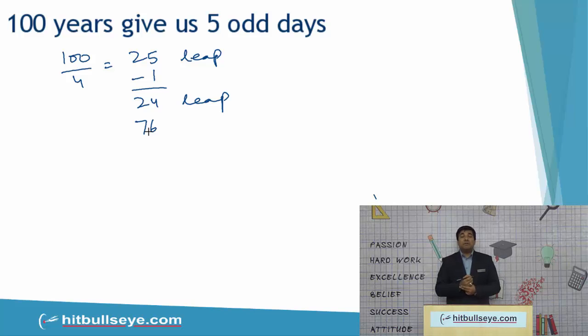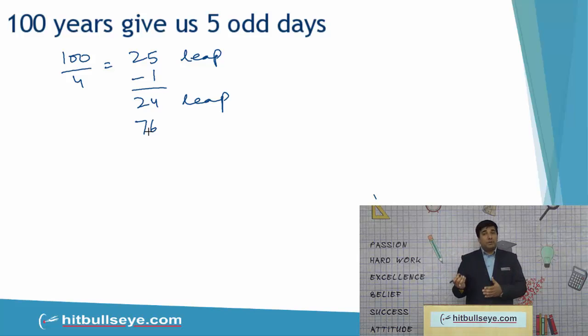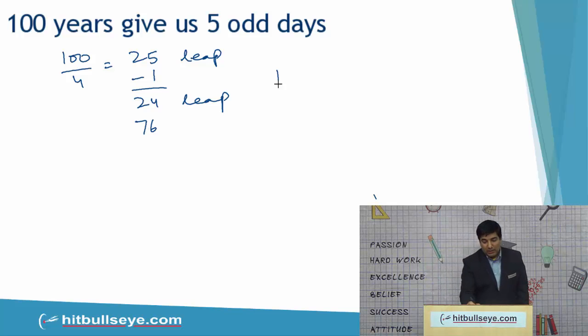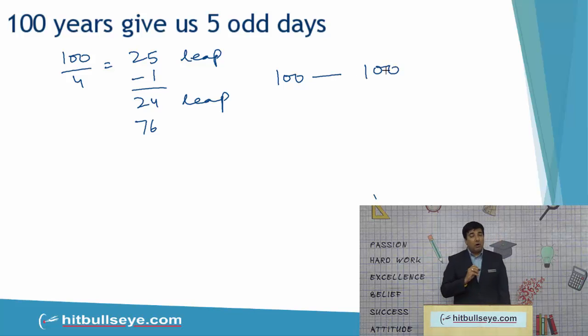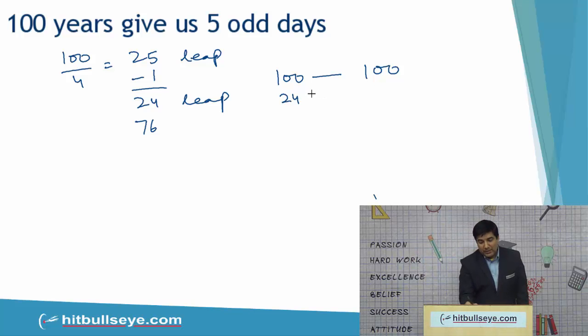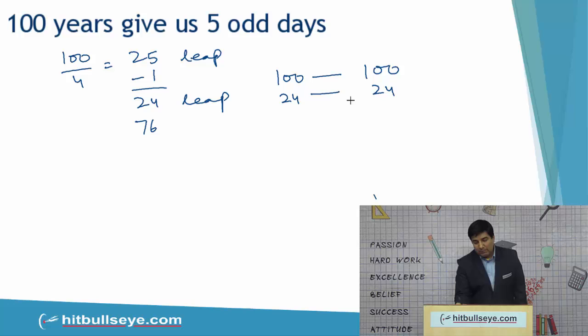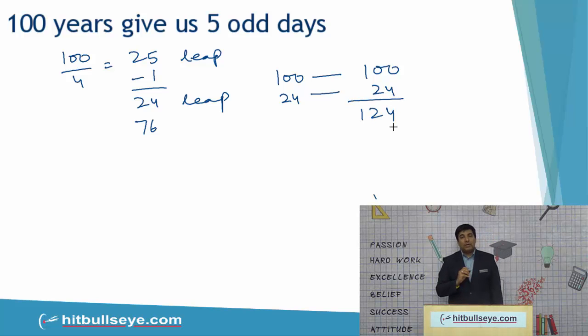So let's have the complete total number of odd days in a century. 100 years would generate 100 odd days considering all the years to be normal. But since it has 24 leap years too, which would generate one extra odd day each, the total number of odd days occurring in a century becomes 124.